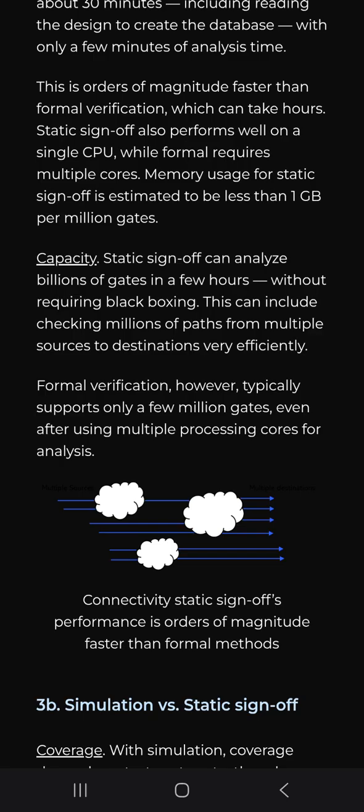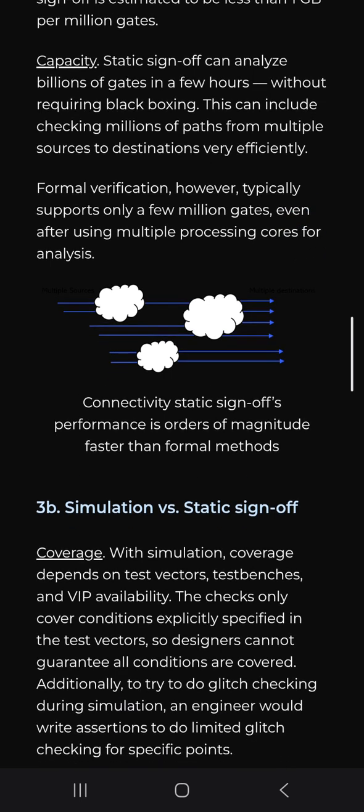This can include checking billions of paths from multiple sources or destinations very efficiently. Formal verification, however, typically supports only a few billion gates, even after using multiple processing cores for analysis. Connectivity static sign-off's performance is orders of magnitude faster than formal methods.